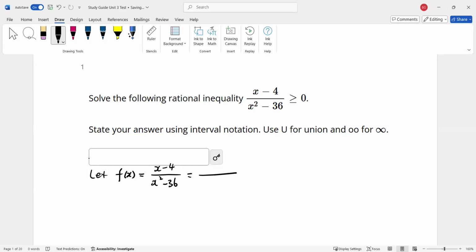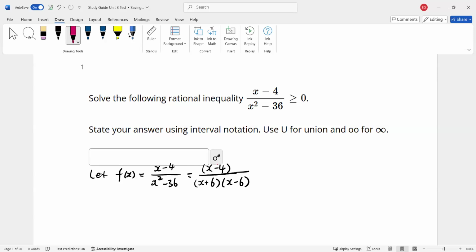The numerator is a binomial, prime. I'm going to put parentheses to frame the numerator, x minus 4. The denominator, x squared minus 6 squared, can be factored as x plus 6 times x minus 6.